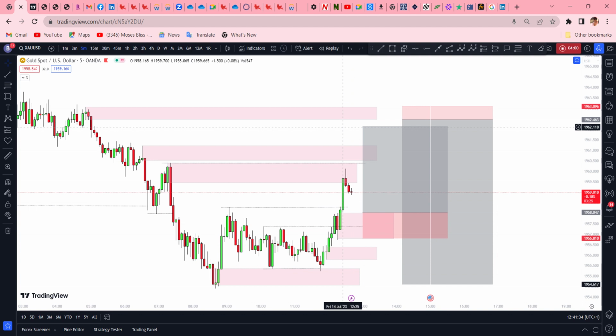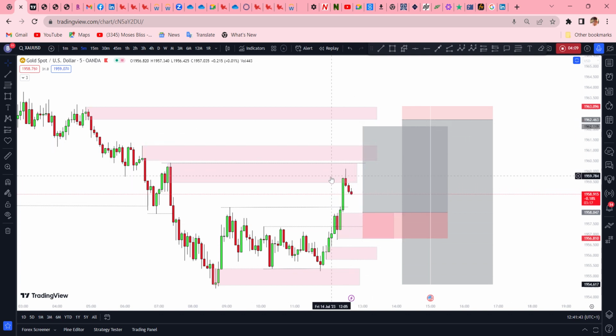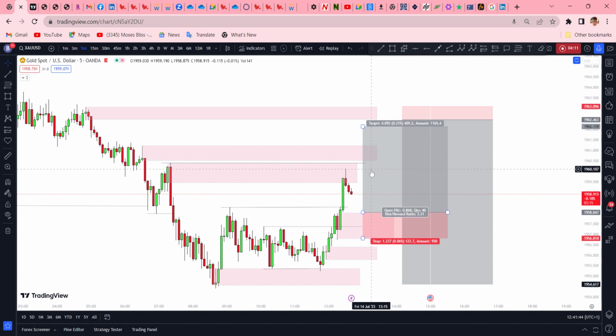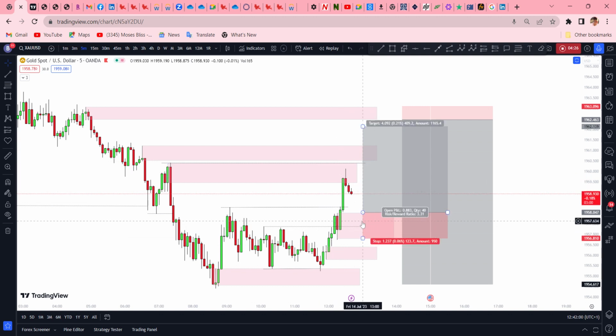So imagine you're making 1 is to 3. So let me see, you're trading with about 2% of your account. So 2% for 6, you're making 6% of your account. It means if it's 1%, so this has actually given us about 5%. If you're trading for a prop firm, already you've passed it with these two trades, because this gives you 5%.